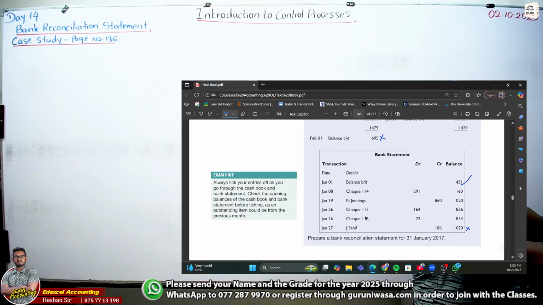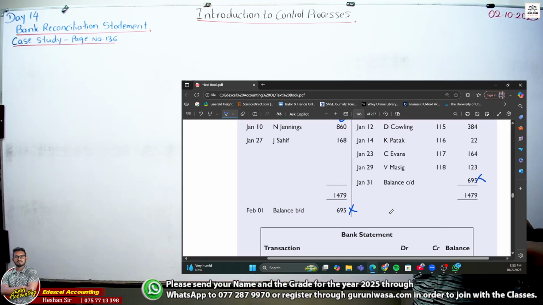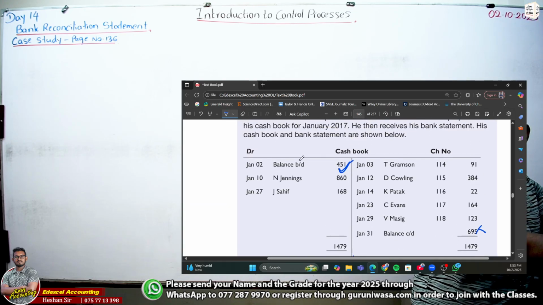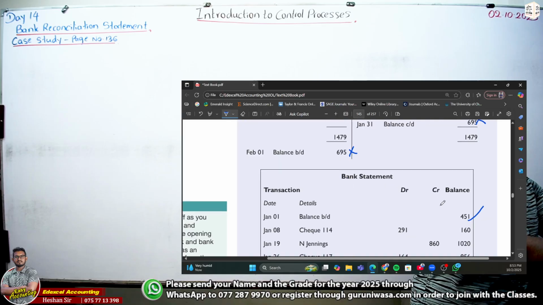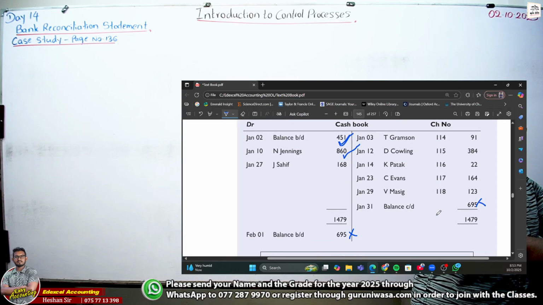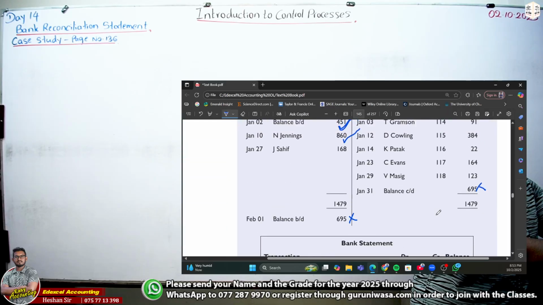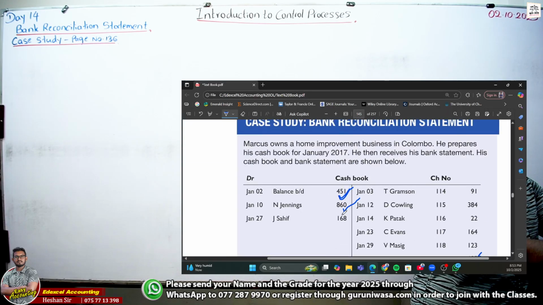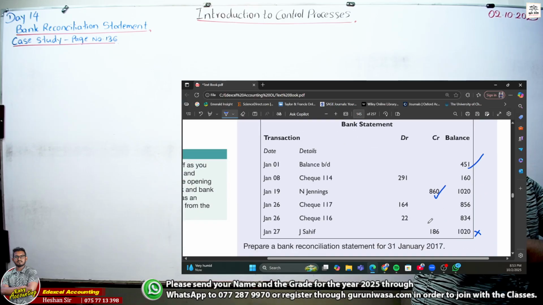Now let's compare the cash book debit side with the bank statement credit side. J Jennings 816 is here, and in here also 816. Both are here, so it's not a reason for the difference. Then J Sahif: in the cash book it is 186, but in the bank statement it is wrong, 168.